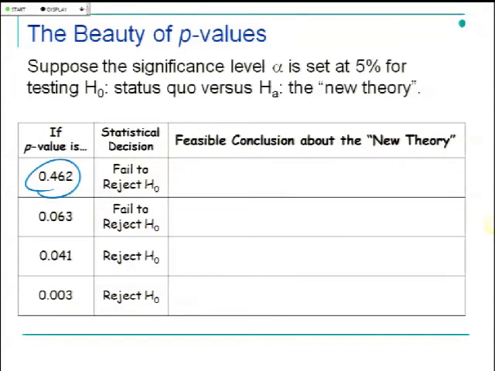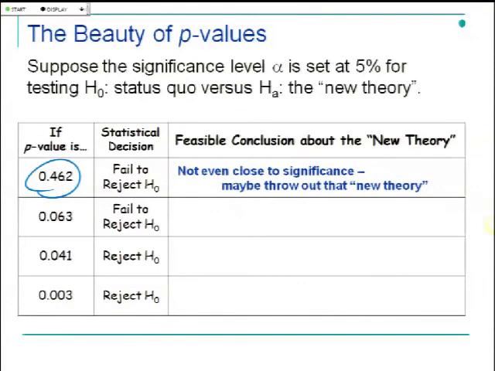That's quite likely to happen under H0. So we're definitely going to stay with H0, fail to reject it. In fact, we might even say that we're not even close to significance, and that theory in HA is not supported at all. There's actually not any strong support for that alternative. There's no reason to continue to look into that new theory. There's really no support being given.